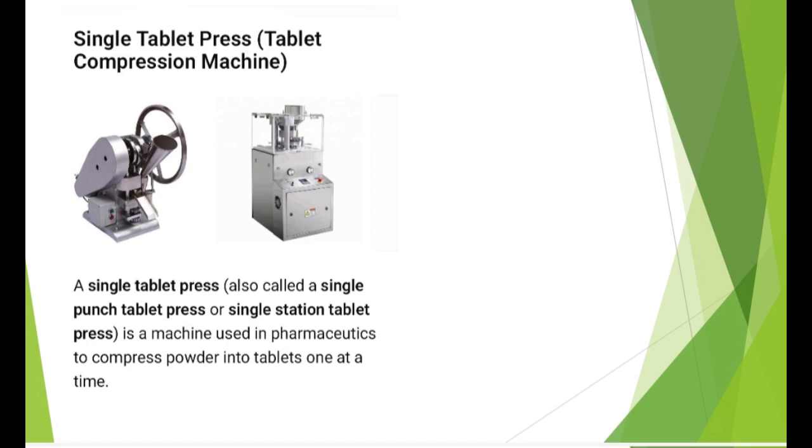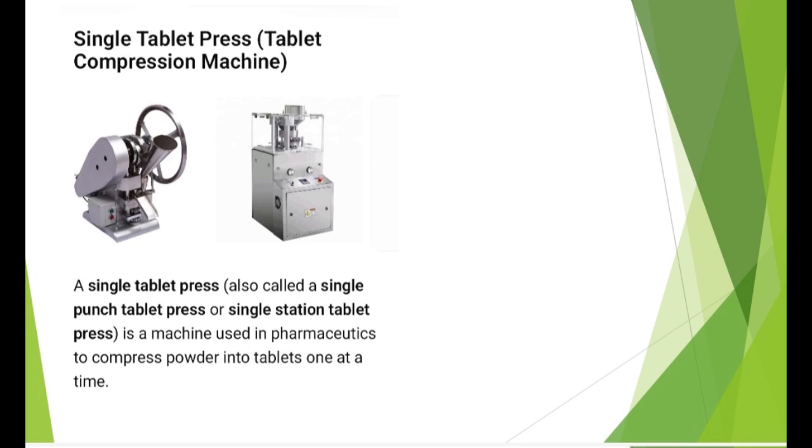The single punch tablet press usually produces around 200 tablets per minute. In a multi-station press, that means a rotary press, it produces around 10,000 tablets per minute, because it has more sets of dies and more sets of upper and lower punches.